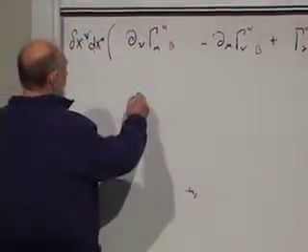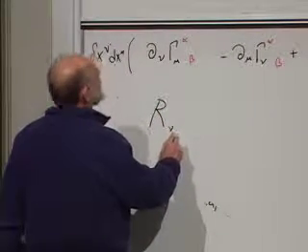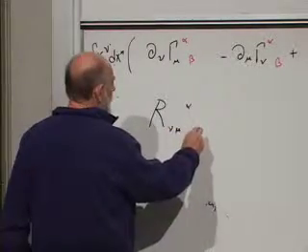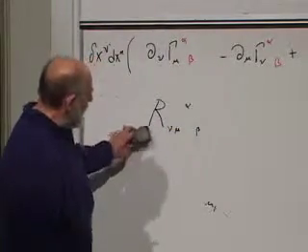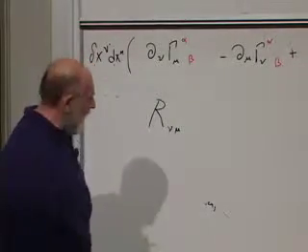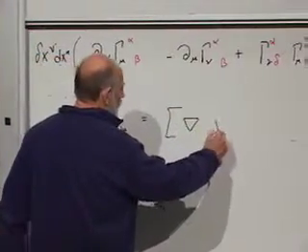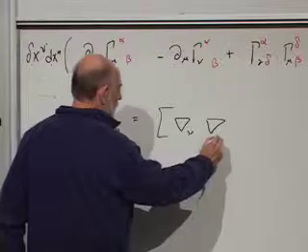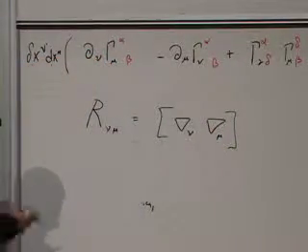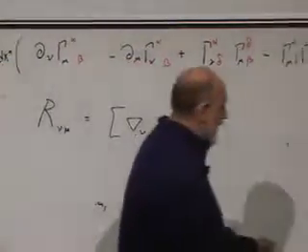We can just write that R nu mu alpha beta, thought of as a matrix, R thought of as a matrix, so let's suppress its matrix indices, is just the commutator of two covariant derivatives, nu and mu. That's the most elegant way to write the Riemann tensor, and to remember that each one of the objects in there is itself a matrix.